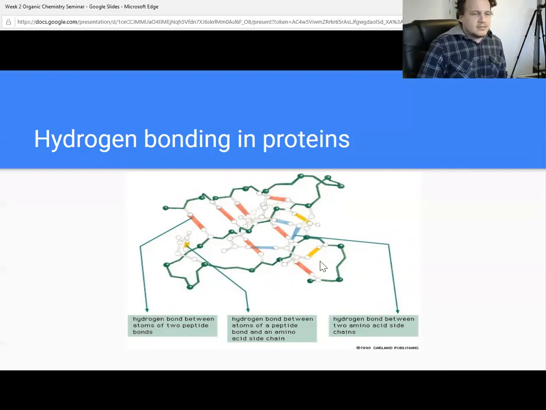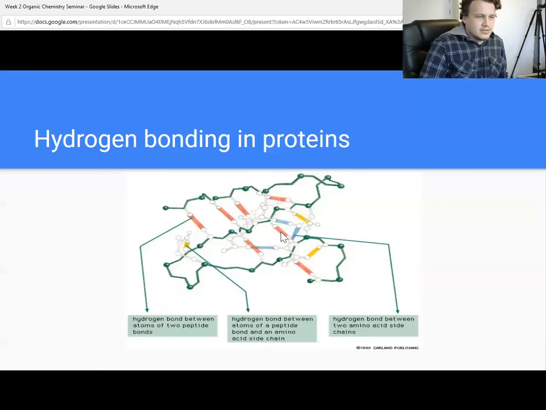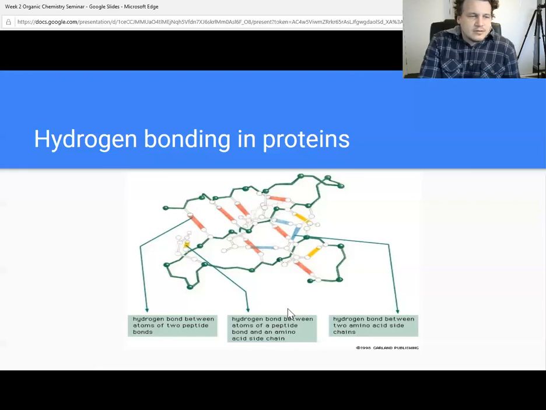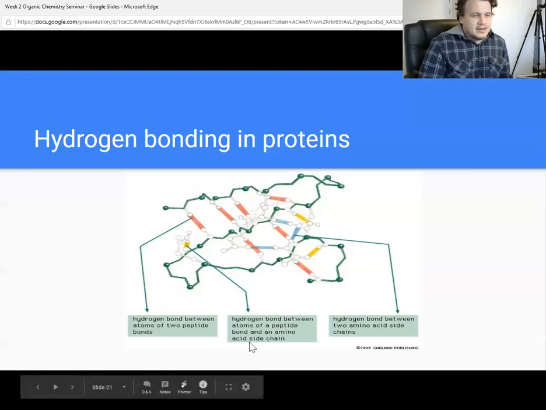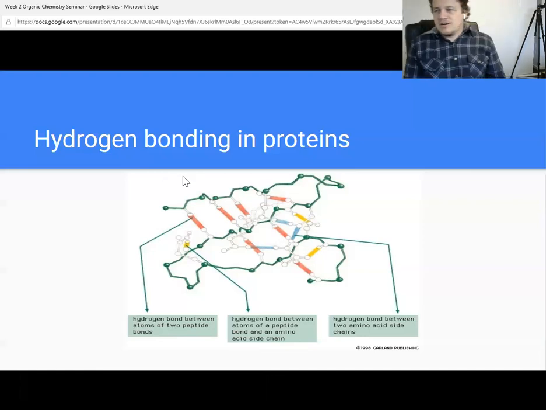So two amino acid side chains, so the amino and R group on either side, peptide bond and amino acid side chain, and they form between the two peptide bonds to produce the turns. The greater the presence of these hydrogen bonds, the higher the temperatures that protein can withstand.